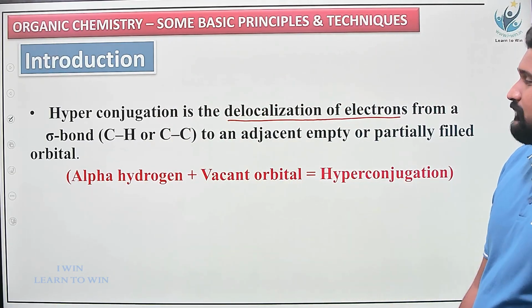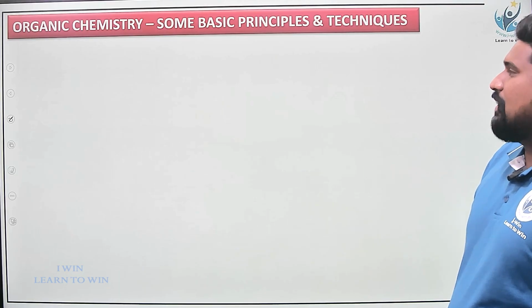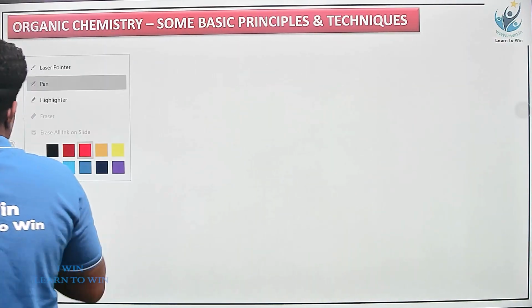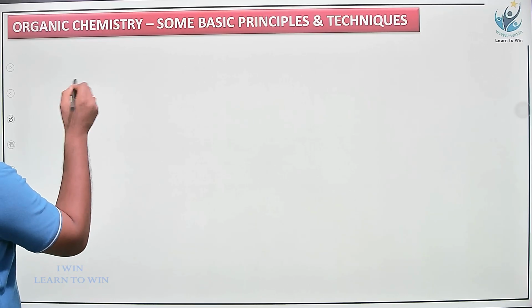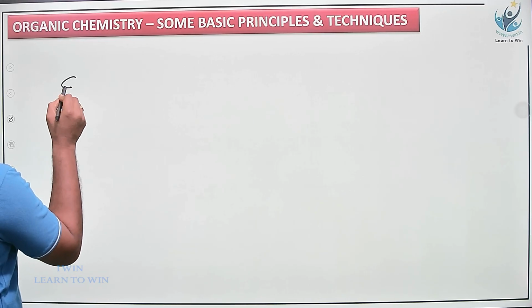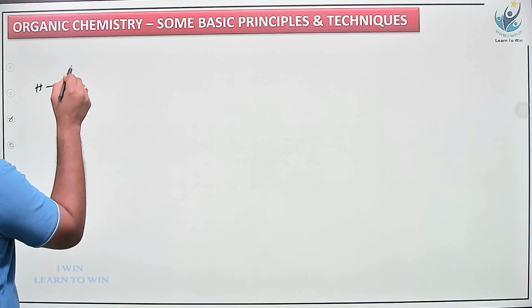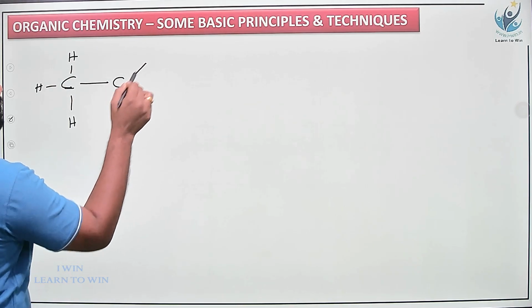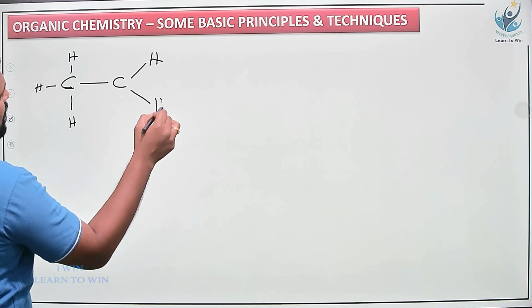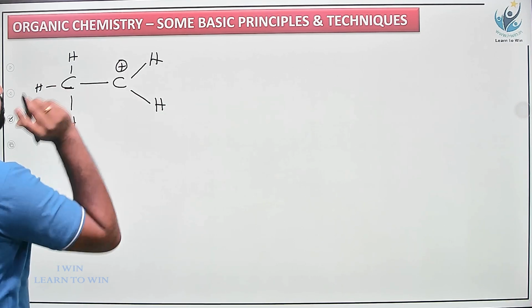Now I will explain what is the mechanism of hyperconjugation. My dear student, listen carefully here. Now I am taking CH3 and CH2, and this is a carbocation.